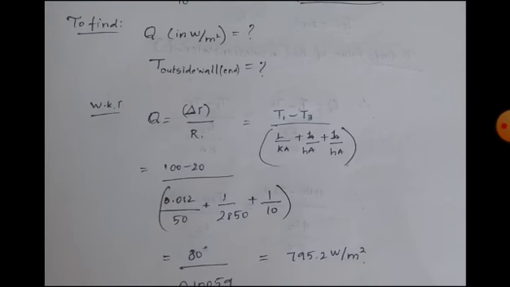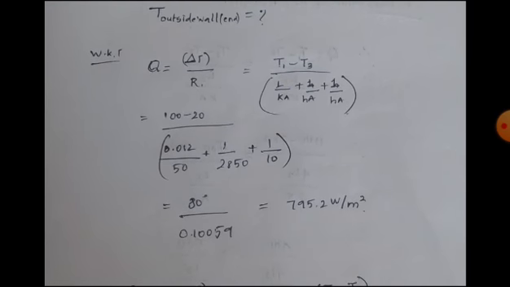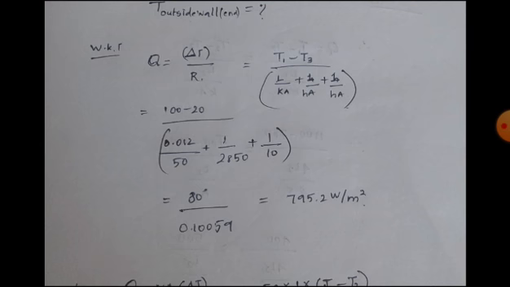Just substituting the values, we directly get the Q value as 795.2 watt per meter square. We have found the heat loss per meter square. Is it enough for this question? Because we have found the heat transfer rate, the answer containing option is only option D.